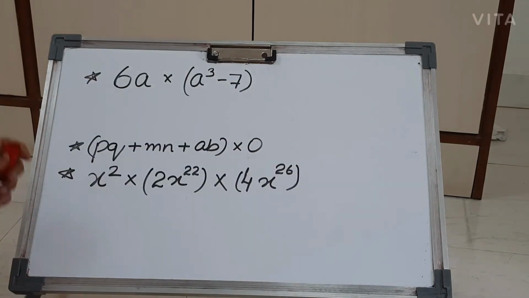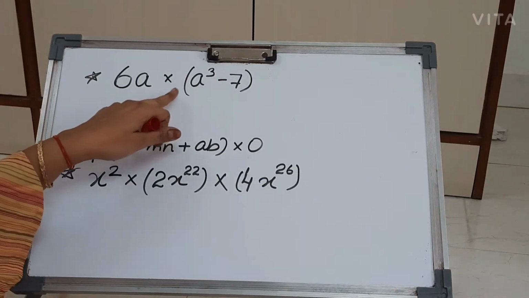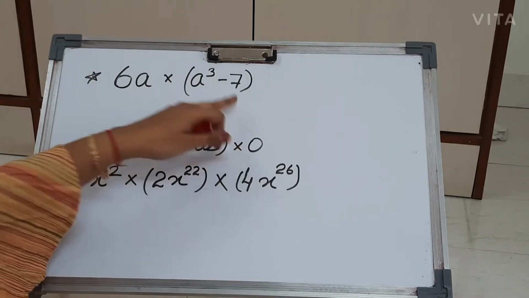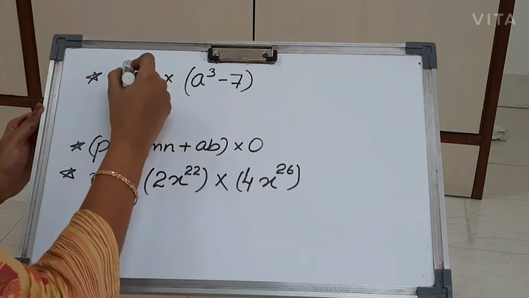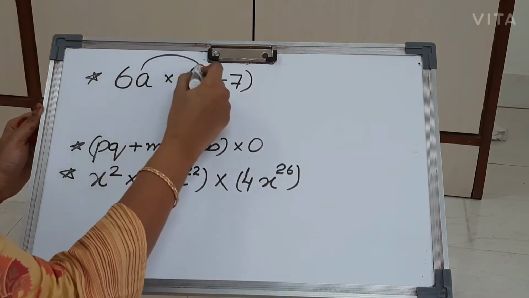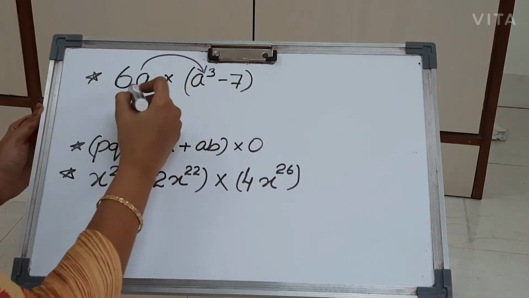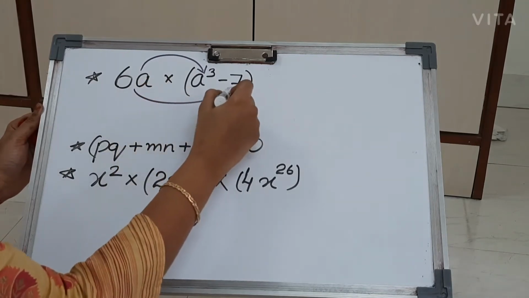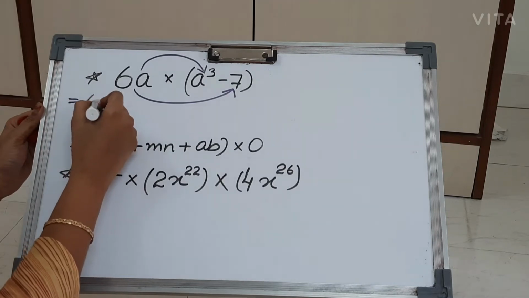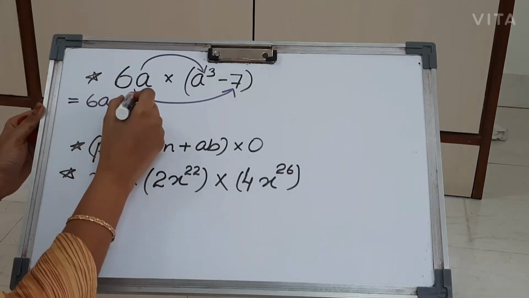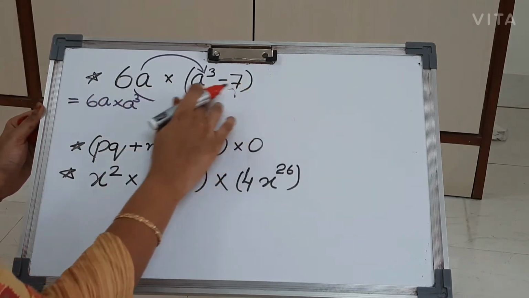When we have to multiply 6a with a cube minus 7, and this is in brackets. So how are we going to solve this? We will multiply 6a with the first term and then 6a with the next. So step by step: 6a into a to the power 3.